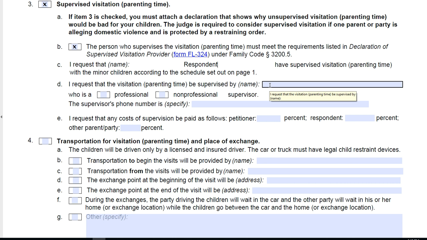Then you just have to name somebody who would be willing to be there at each of the visits. It doesn't have to be a professional, but it can be. It doesn't have to be a family member, but it often is. It just has to be somebody who will agree to and will actually be present to supervise the scheduled visits.